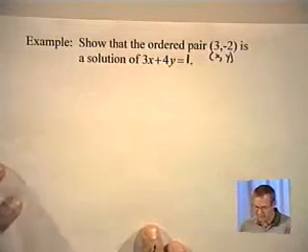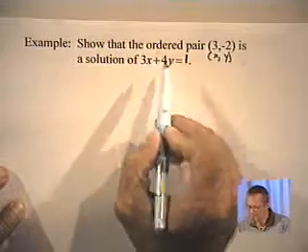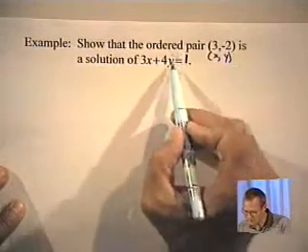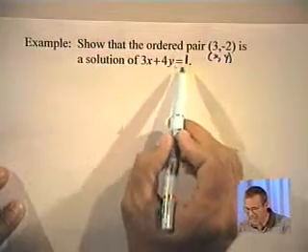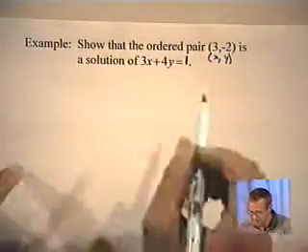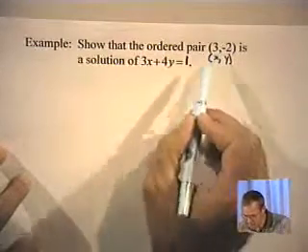So what it's really asking us is, let's plug the 3 in for x, let's plug the -2 in for y, and let's see if this equation is satisfied. Let's see if it actually equals 1. So wherever I see an x, I'm going to plug in the x-coordinate, which is 3.